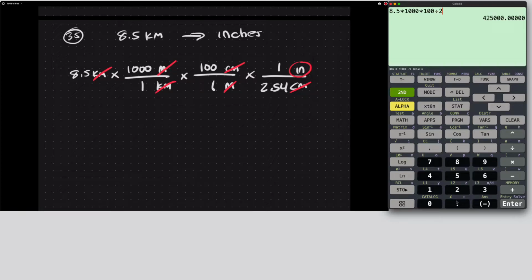Divide by 2.54, enter, and we get that 8.5 kilometers equals 334,645.66929. So let's round it to 1 decimal place in this case, which would be 334,645.7. And don't forget to put your units. That is necessary in the answer. There you go.